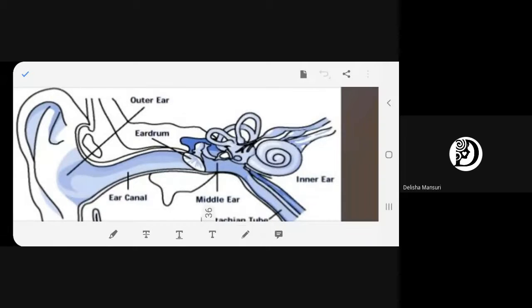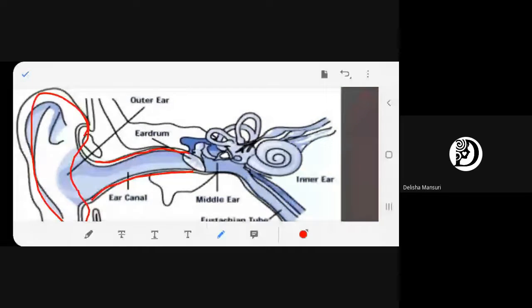Let me know, what does the outer ear do? It collects the sound, right? And from the outer ear, what is the function of the ear canal?